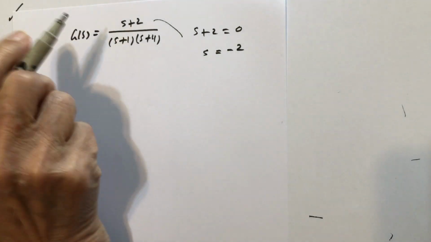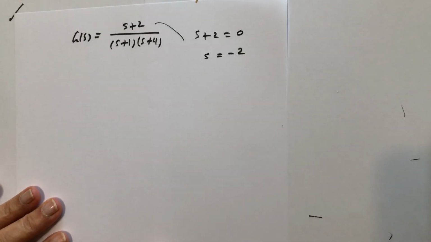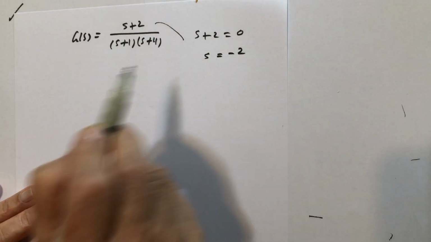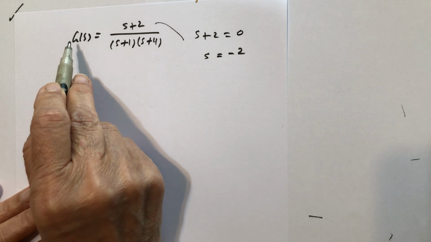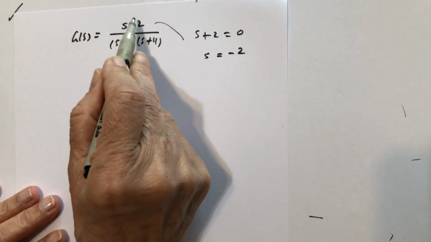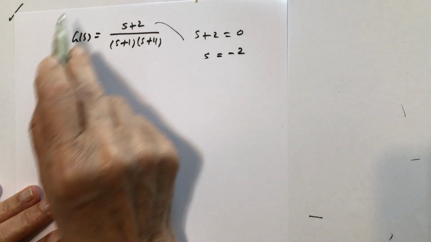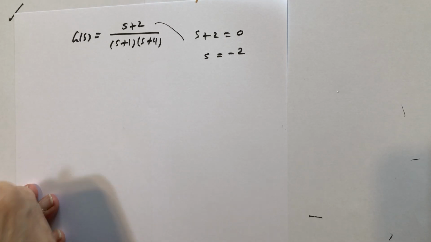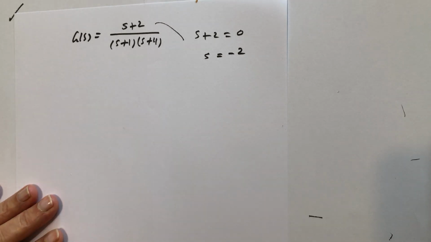Now, if I substitute for S equal to minus 2, this will give me 0. I hope it's clear. So the zero is the value of S in the numerator that will make the whole transfer function equal to 0, right? So the zero makes the transfer function equal to 0, and poles make the transfer function equal to infinity, right?